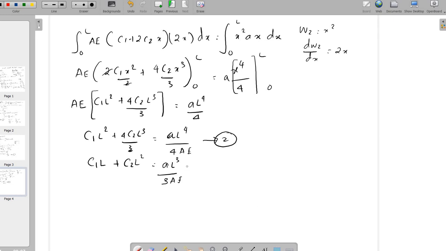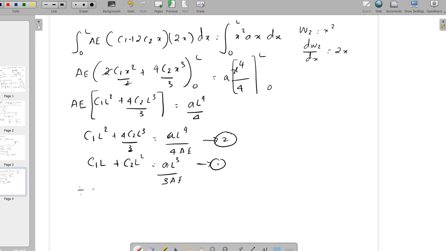If you multiply the first equation with L, or even you can divide the second equation by L. So this is the first equation.